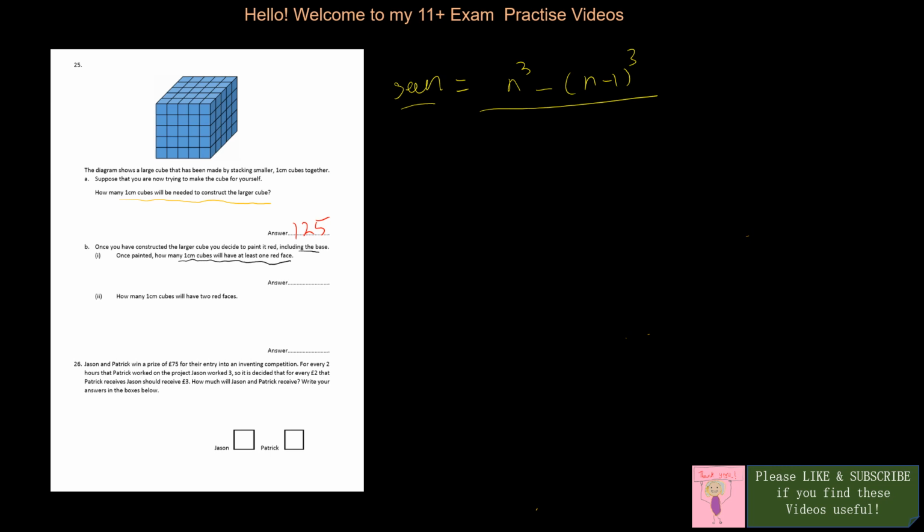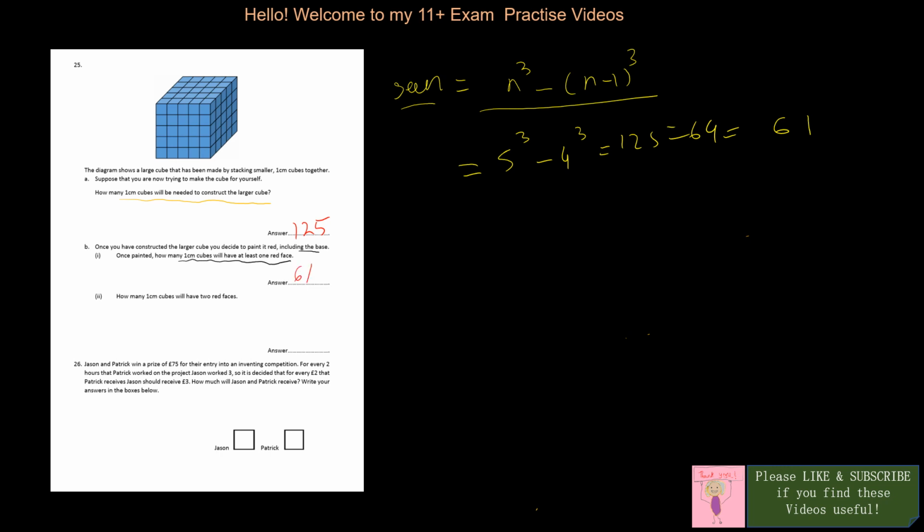So they will have at least one red face. So that would make it, we had 5 cube minus 4 cube, that is 125 minus 64 is 61, right? So we have 61.